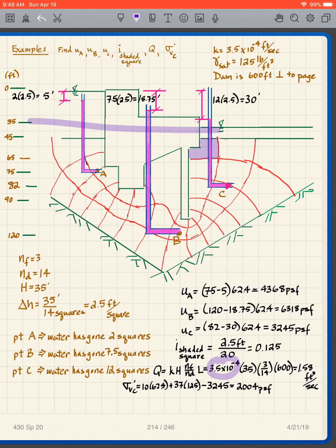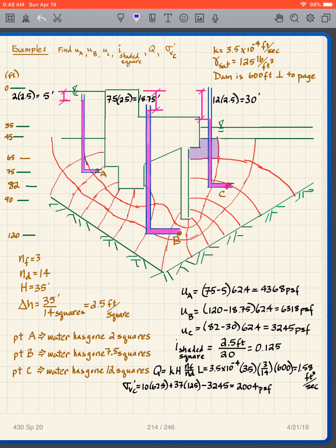The H is the total water level drop, and my H is 35.